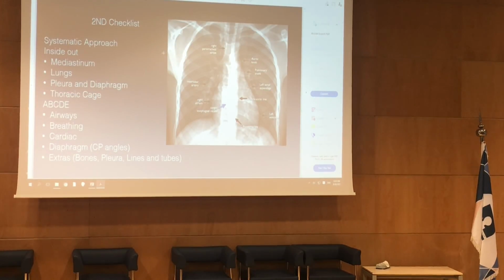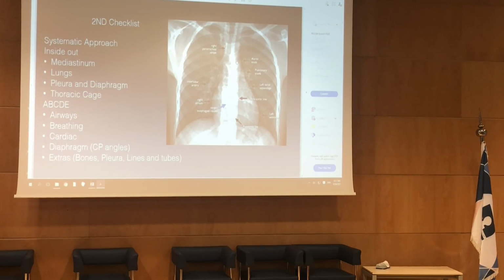Okay, so the second checklist that we're going to go through today is how we're going to approach detecting abnormality in the chest X-ray. So there is an inside to outside approach, and there is an ABCDE approach. The inside to outside, where you start with the mediastinum, and the mediastinum is the trachea, esophagus, heart, great vessels, and hilum.